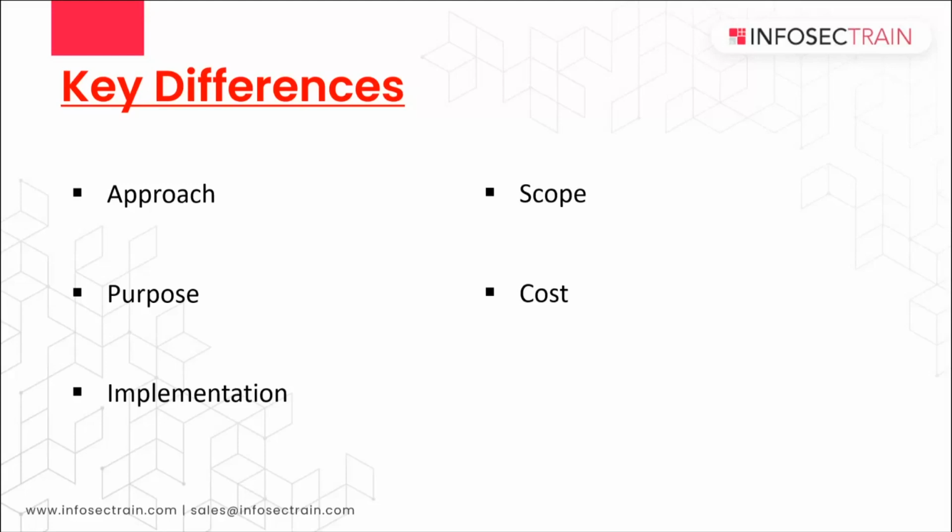Then the next difference is going to be resilience. Fault tolerance is generally more resilient to faults than redundancy, as it is designed to detect and recover from faults automatically without interrupting the normal operations of the system.